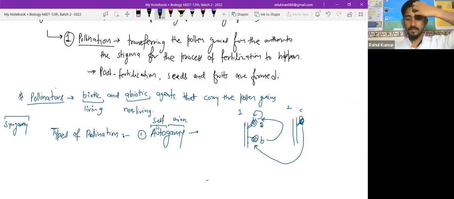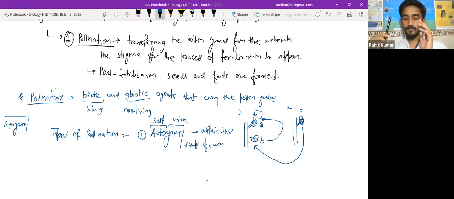First, autogamy. Write down: autogamy is pollination taking place within the same flower, where the pollen grains from the anther are transferred to the stigma of the same flower.